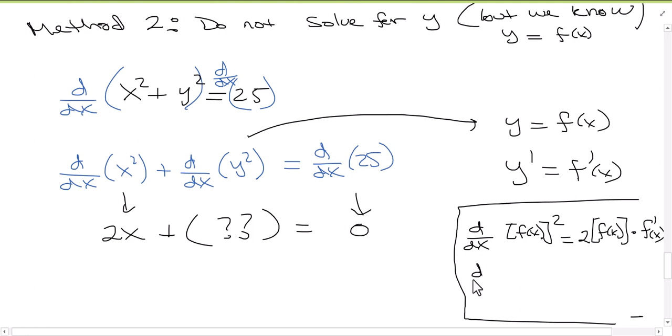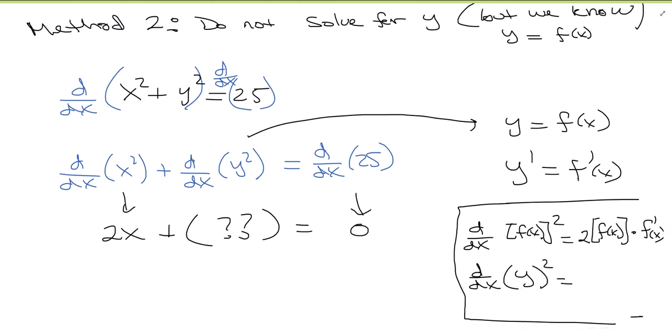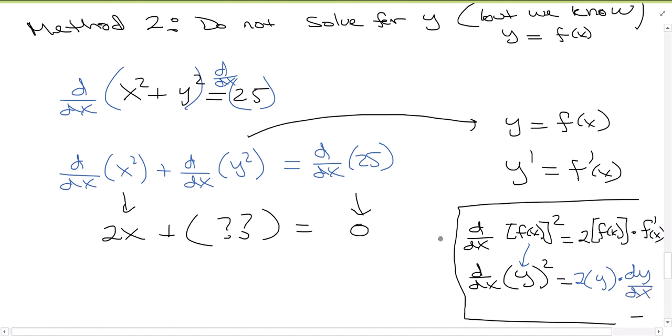So going back to the fact that this is equal to y. According to this, what is the derivative then? This will be 2 f of x, which is equal to y, so this will be 2y times the derivative of y, times dy/dx.